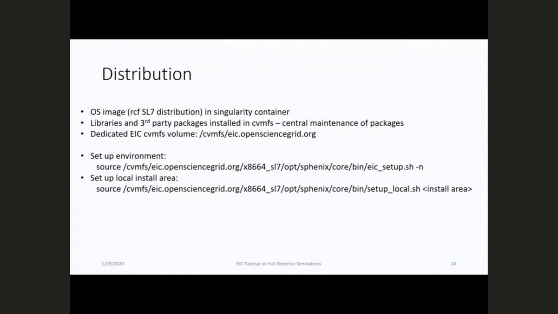This is the EIC setup script, which sets up the environment variables so that you can run everything. If you decide to build your own local code, then you have to run this little script over there with your install area, which sets up the ROOT include path, adds your directories to the ROOT include path, to the LD library path, and to the path.